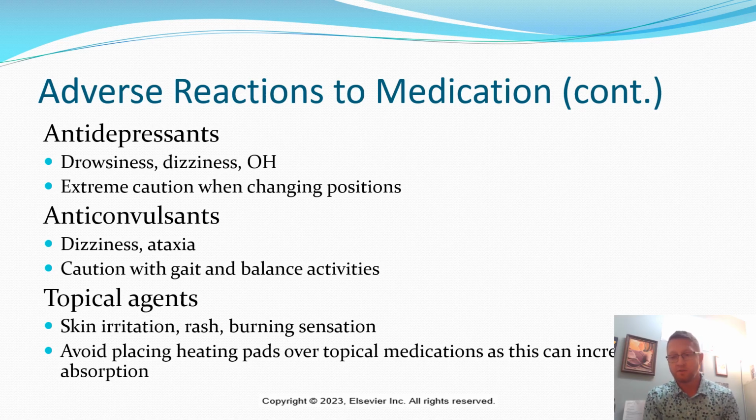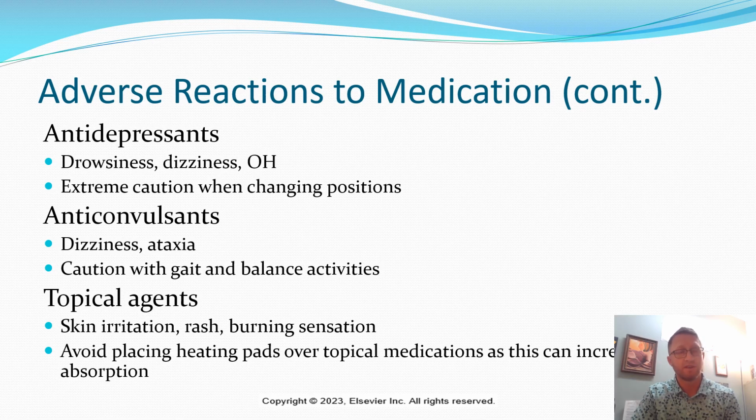That's really due to the positional change. As you change their position from supine to sitting, their blood pressure drops significantly, which would cause this dizziness or this drowsiness. So you really want to be cautious with positional changes. Make sure you have a gait belt, make sure that you're guarding them, make sure that they're not at risk of falling. And we'll talk about different ways to manage OH later on.